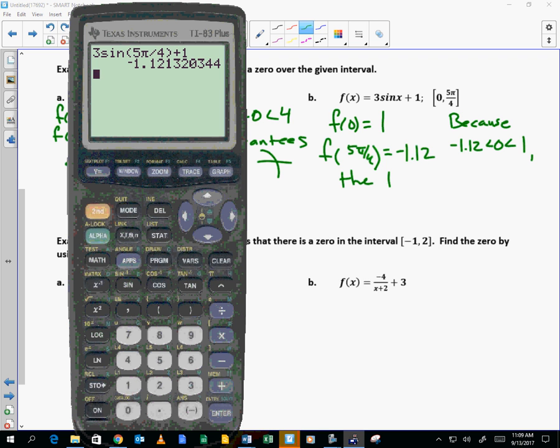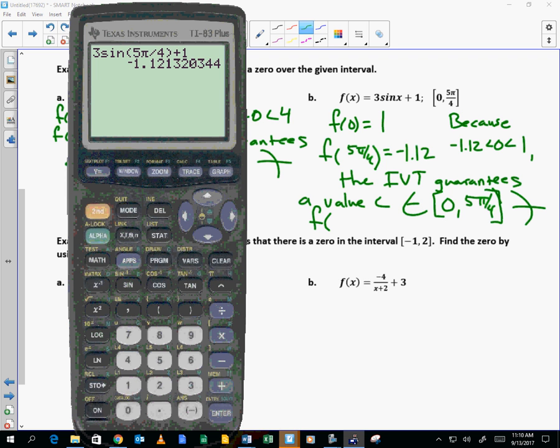The IVT, intermediate value theorem, guarantees a value C in the interval 0 to 5 pi over 4 such that f of C equals 0.